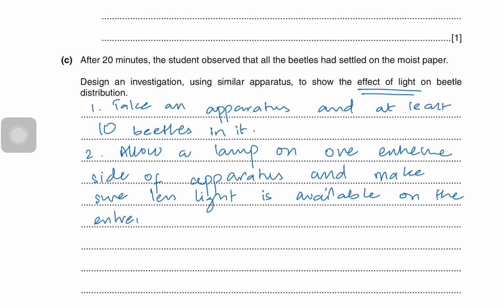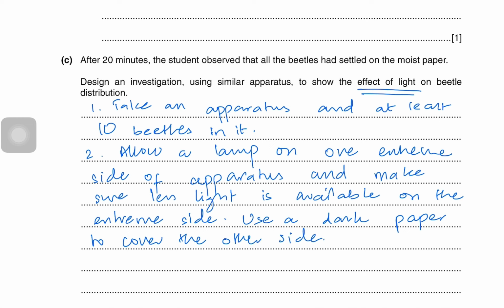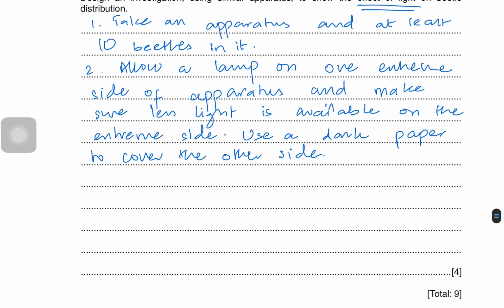So you can create a contrast on the other extreme side. How will you do it? So mention that use a dark paper to cover the other side. This way you are making one side of the apparatus really brightly lit and the other side is pretty dark.